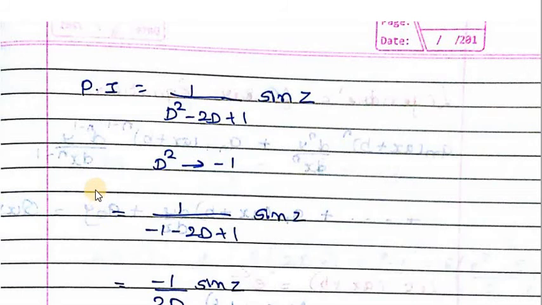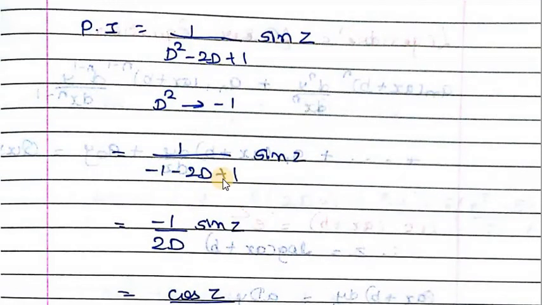If you replace D square by minus 1, it will become minus 1, then after this minus 2D and this plus 1, and sine z will be as it is. Now minus 1 plus 1 will cancel out, so we have 1 over minus 2D, sine z.